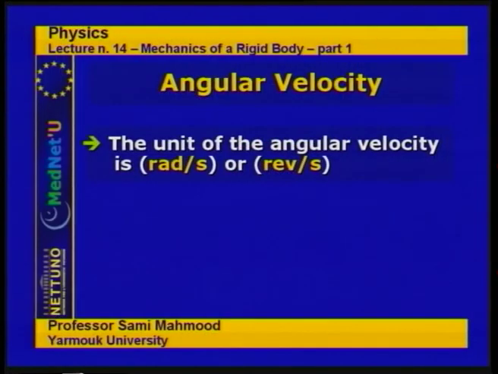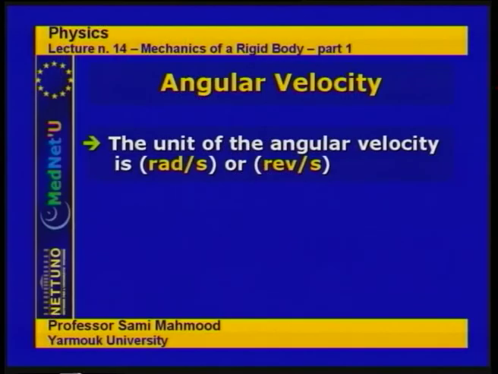The angular velocity is determined in terms of units of radians per second, because the angular displacement has units of radians, which is not really a physical unit, but a quantity for measuring the angle.